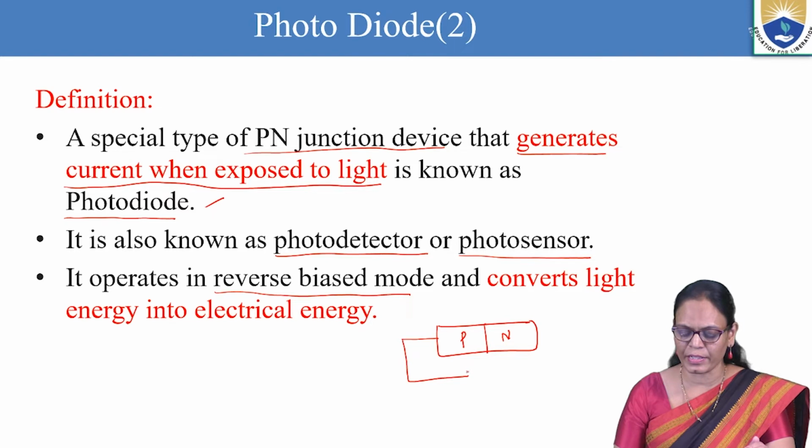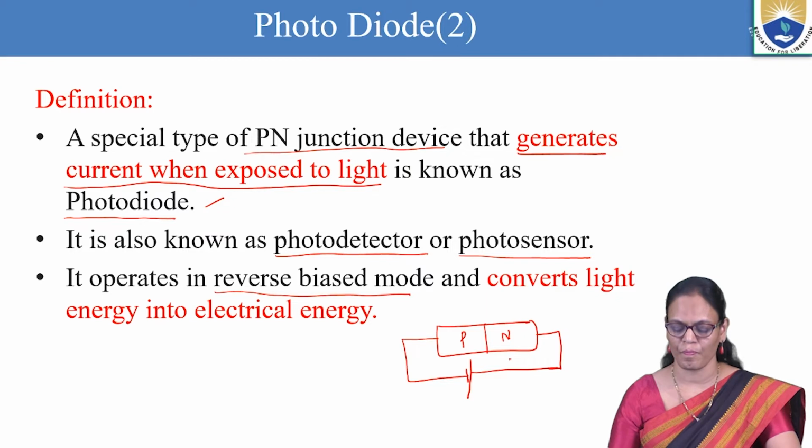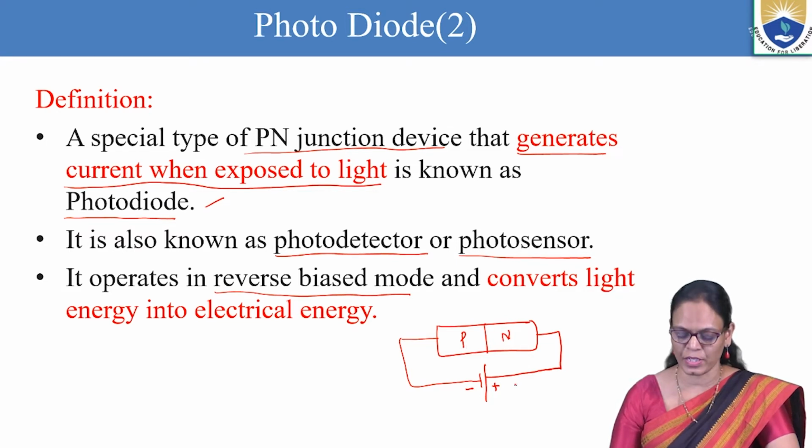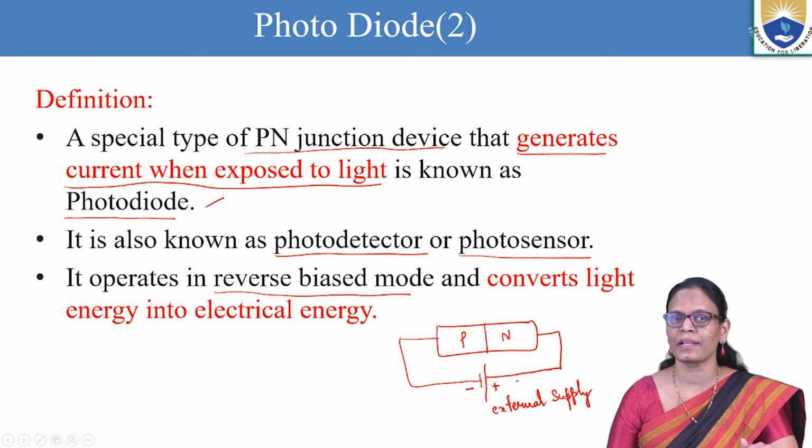So P is connected to negative and N is connected to positive. This is the external supply, positive, negative. So we have connected the P type of the PN junction to the negative and the N type of the junction to the positive. When it is connected in this manner, we say that the diode is connected in reverse bias.